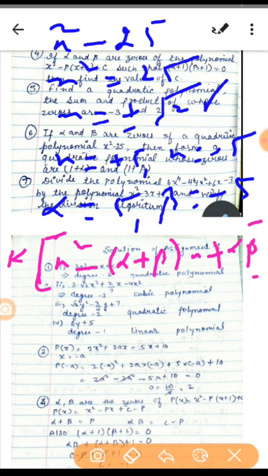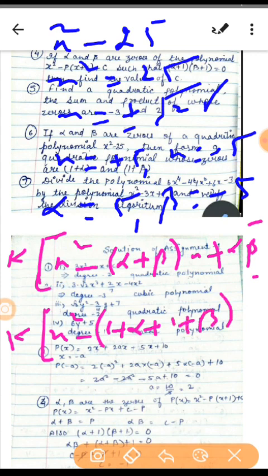So the polynomial which we want to make, its zeros are 1 plus alpha, so in place of alpha I will write 1 plus alpha, and beta is 1 plus beta. So x square minus 1 plus alpha plus 1 plus beta into x plus 1 plus alpha multiplied by 1 plus beta.